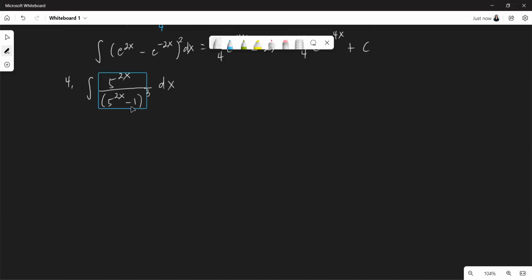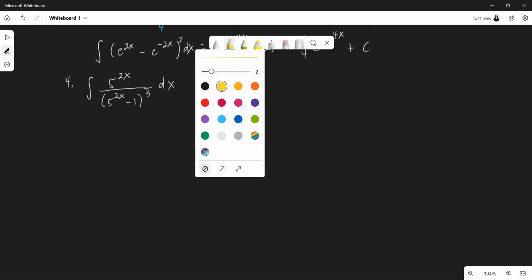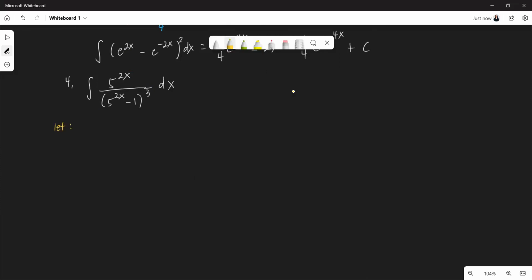If you can still recall your differentiation formulas. So let us assign u to 5 raised to the power of 2x. This is an exponential function, so you look at the differentiation formulas.